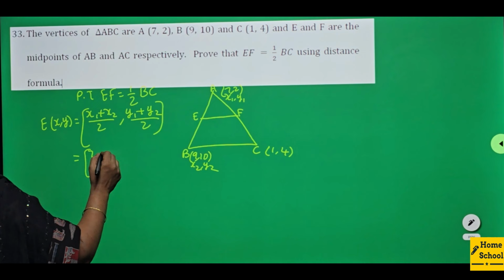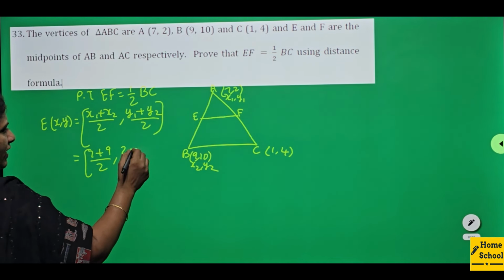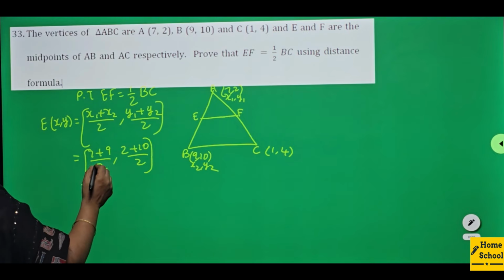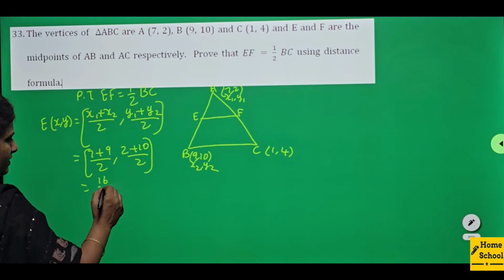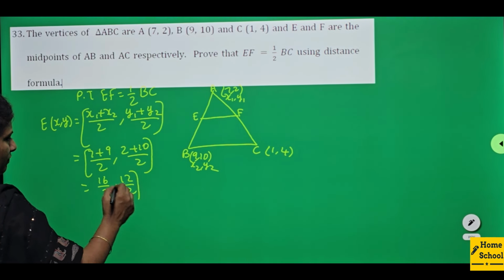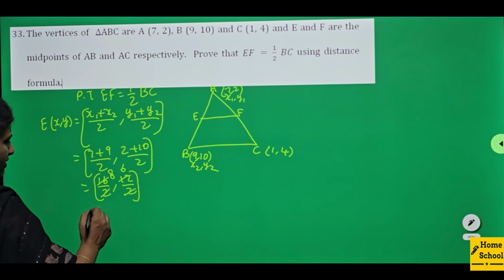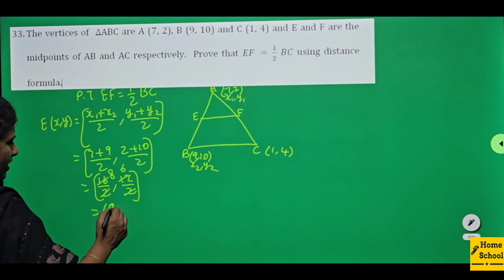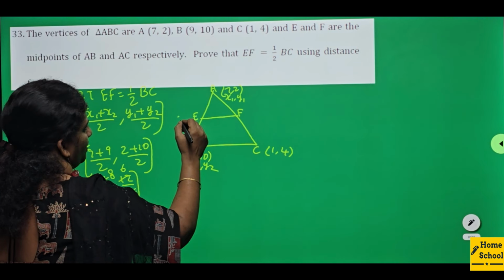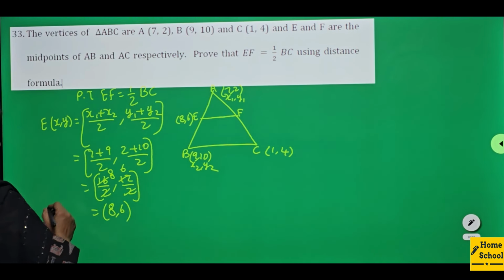Substitute 7 plus 9 by 2, 2 plus 10 by 2. 7 plus 9 will be 16, 16 by 2, 10 plus 2 is 12 by 2. 2 8s are 16, 2 6s are 12. Therefore, the E coordinate is 8, 6.